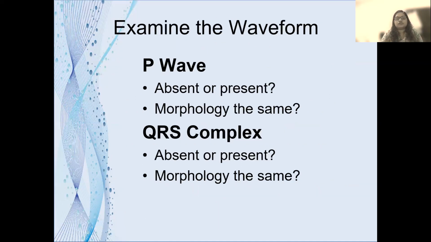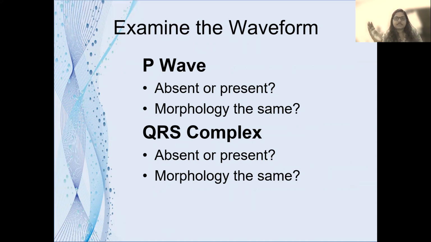These are the rules for identification. Now look at the waveform: is the P wave present or absent? Is the morphology of the P wave the same or not? Is the shape differing or not? Again, for the QRS complex, is it present or absent? Is the morphology, the shape, the same or not?